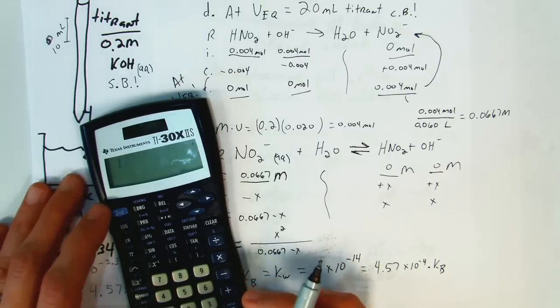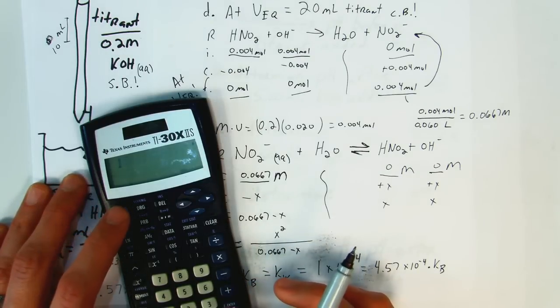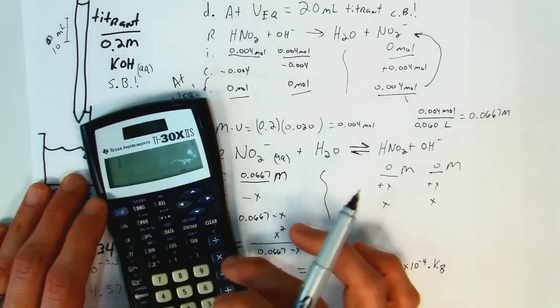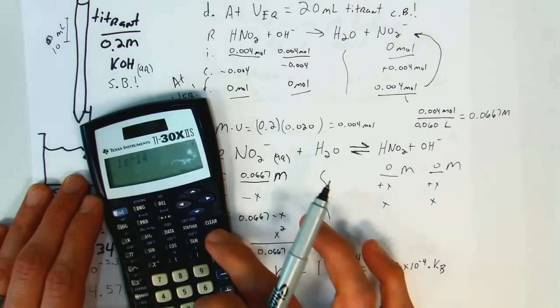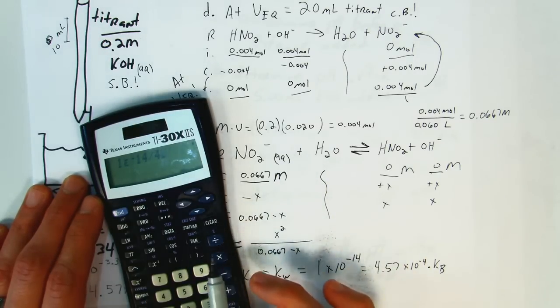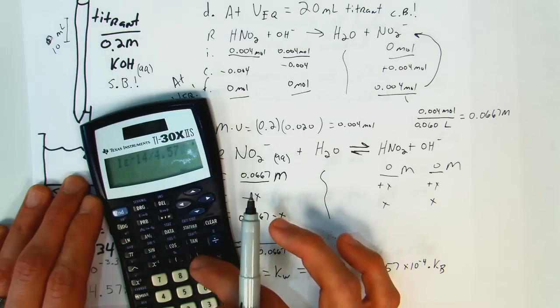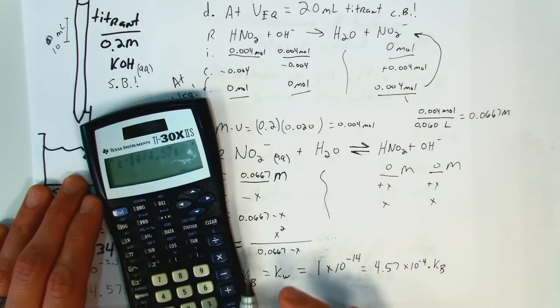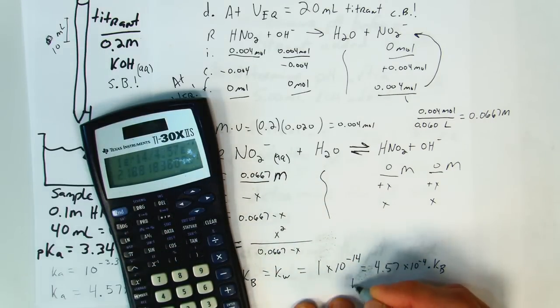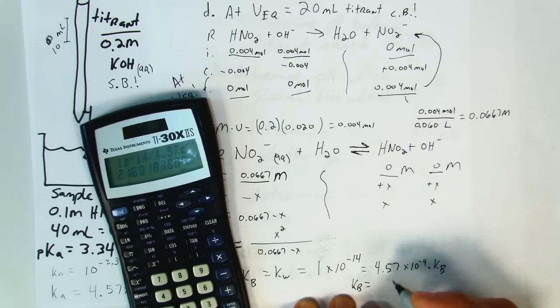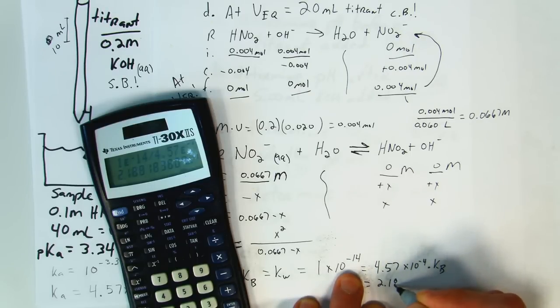So 1e to the minus 14th divided by 4.57e to the minus 4. It looks like my Kb value is 2.18 times 10 to the minus 11th.